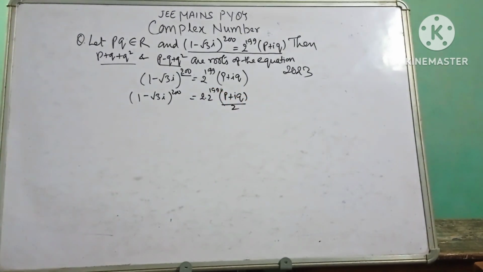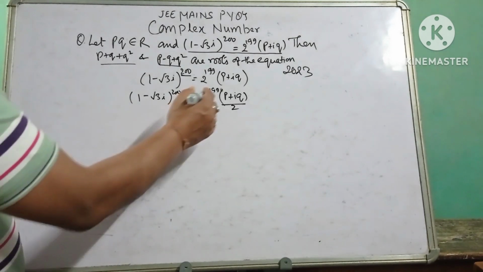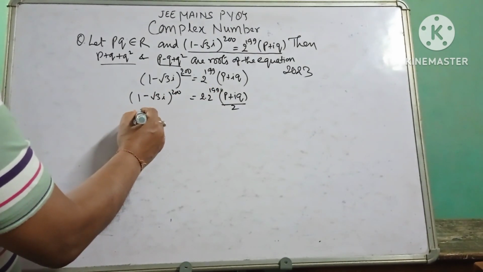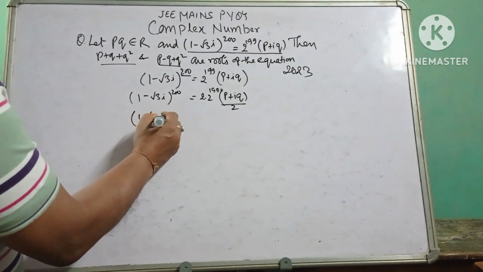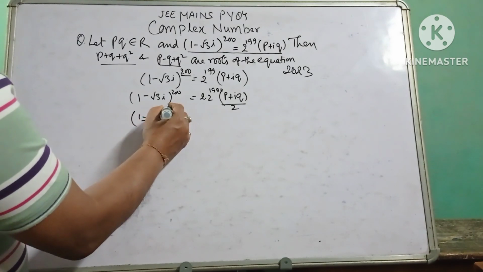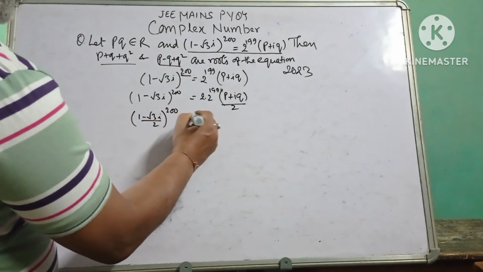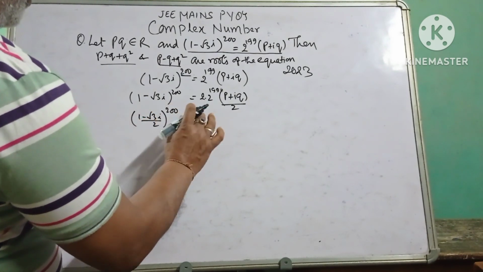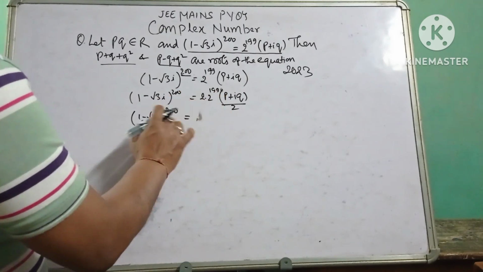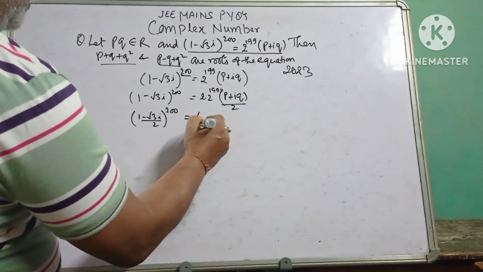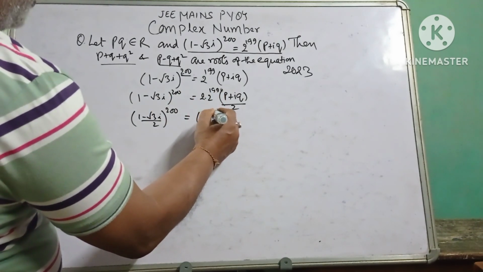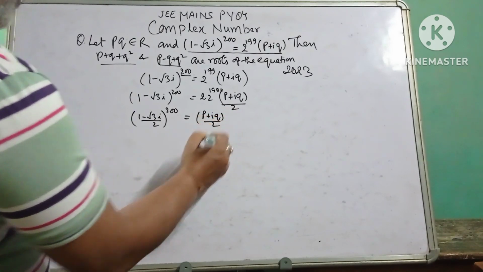So this becomes 2 to the power of 200. Now here I will bring it here, (1 minus root 3i by 2) to the power of 200 is equal to p by 2 plus iota q by 2 is left with you.